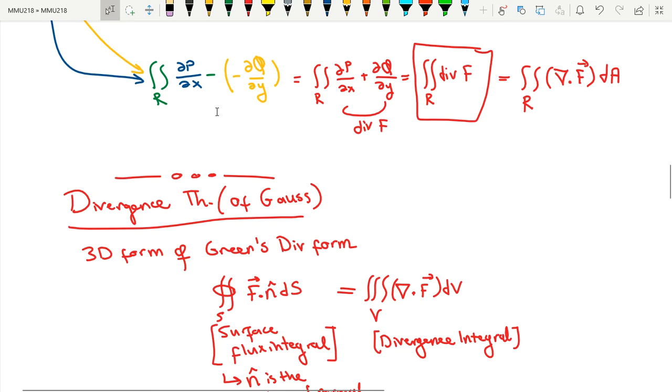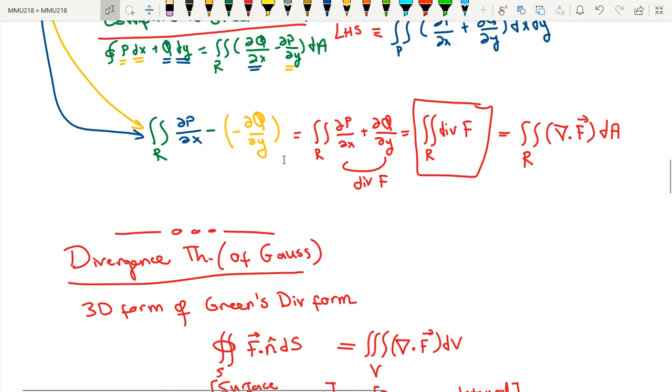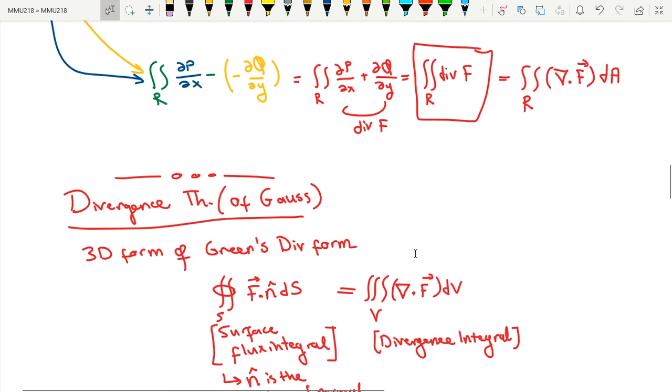I have the divergence of F. It was defined over an area. Now I'm going to define it over a volume. The divergence integral is going to be defined over my volume.